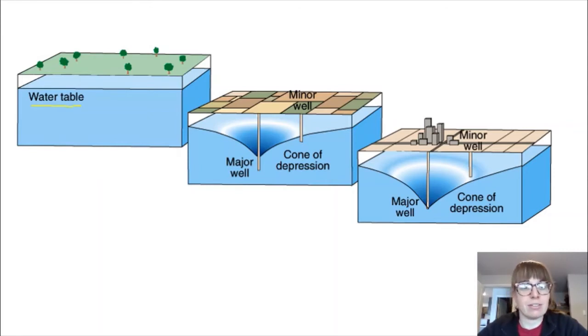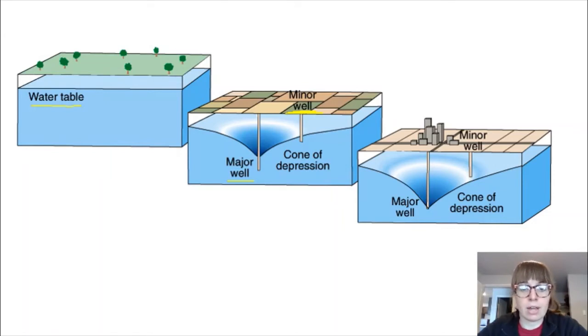Over here on the left-hand side, let's look at this undeveloped landscape where we have a water table. Then we have a little bit of development into agricultural land, and maybe a major agricultural corporation comes in, and they have lots of money, so they drill a really deep well. And then maybe we have Farmer John over here who drills a smaller well for his smaller agricultural system.